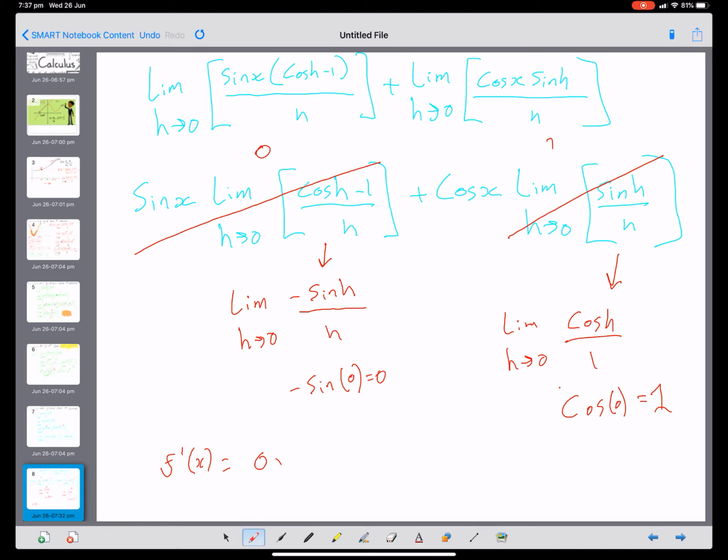We've got 0 times sine x plus 1 multiplied by cos x. Well, 0 times anything is 0, and 1 times cos x is just cos x. So the derivative of sine x is cos x, and we've shown that through differentiation from first principles. I hope you understood that, and carry on doing your maths. Bye.